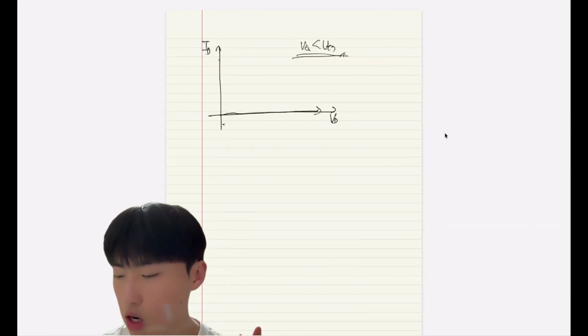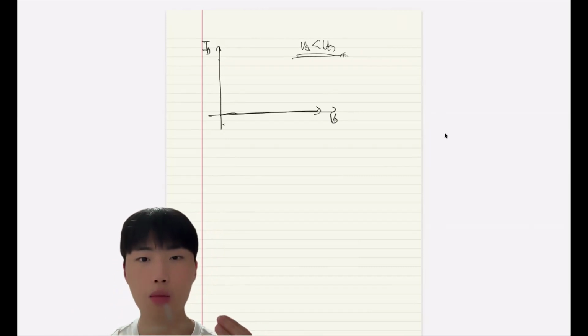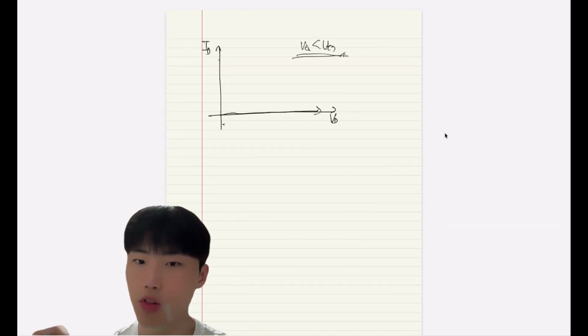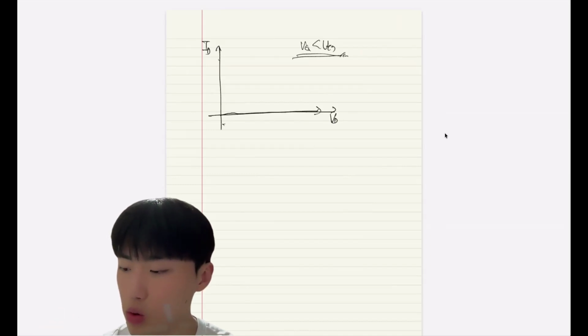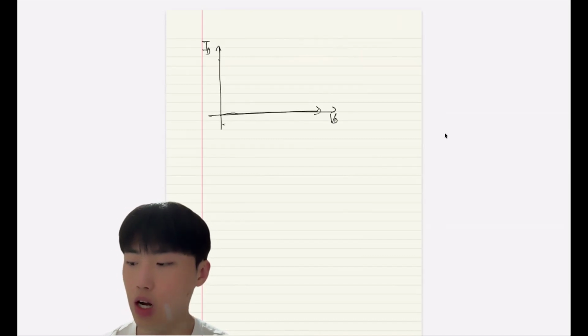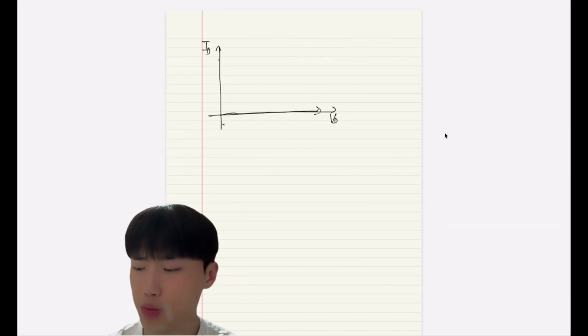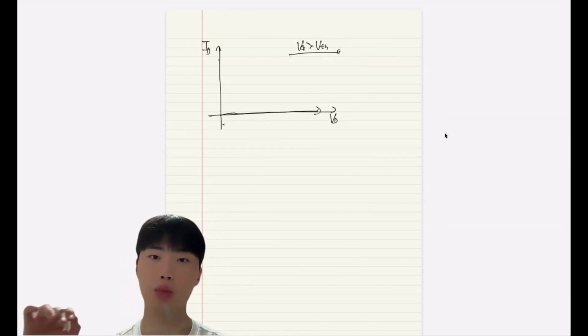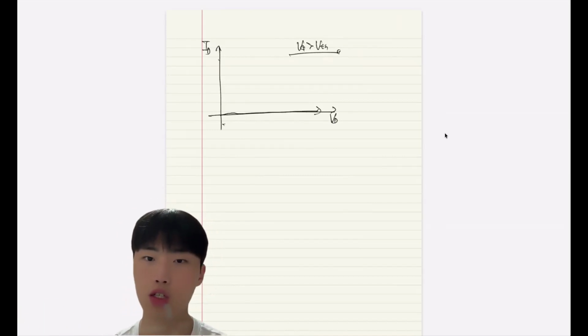when I increase the VD, no current is flowing. So you should remember that in the ID-VD curve, the gate bias is bigger than the threshold voltage.